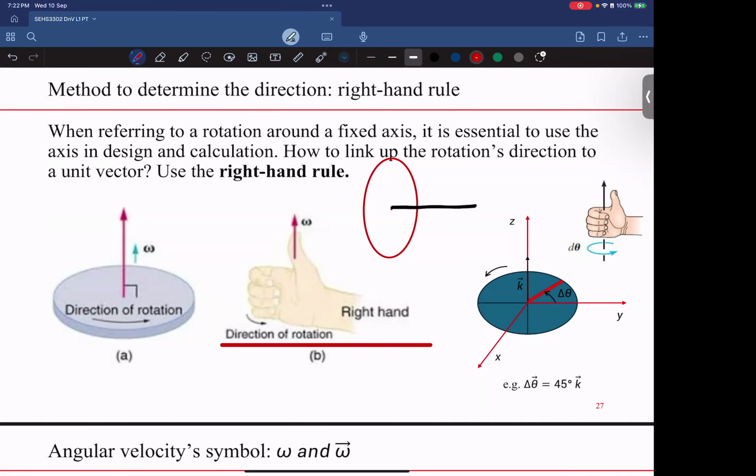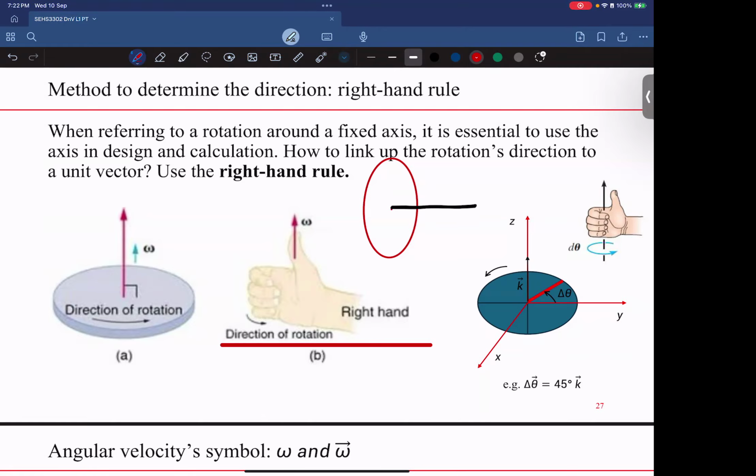So now we define something. We define the counterclockwise rotation, from our right hand, and link it up with the pointing out direction.